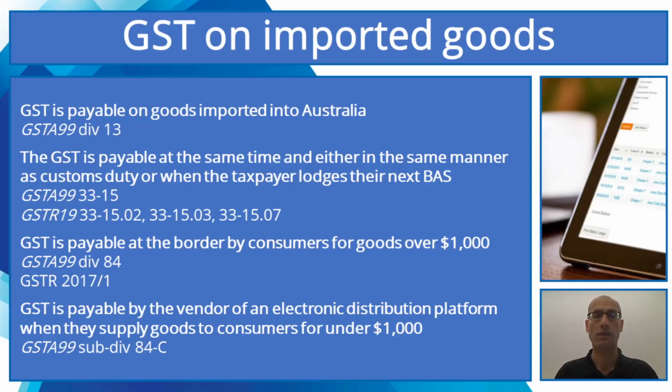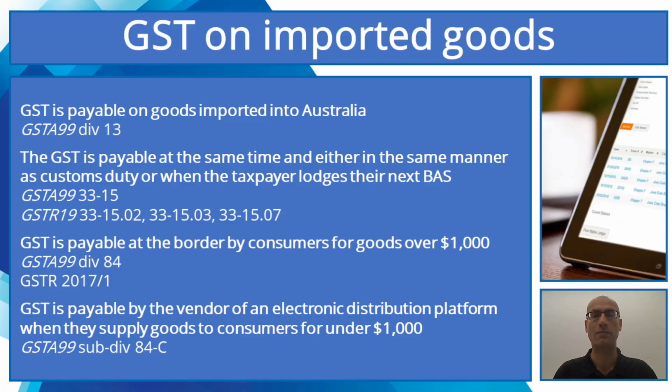And note that in regards to GST being payable on goods over $1,000, customs will collect those amounts in regards to consumers. Where you've got goods that are less than $1,000, as a relatively recent change, the vendors themselves are going to have to incorporate this as part of their electronic distribution platform.